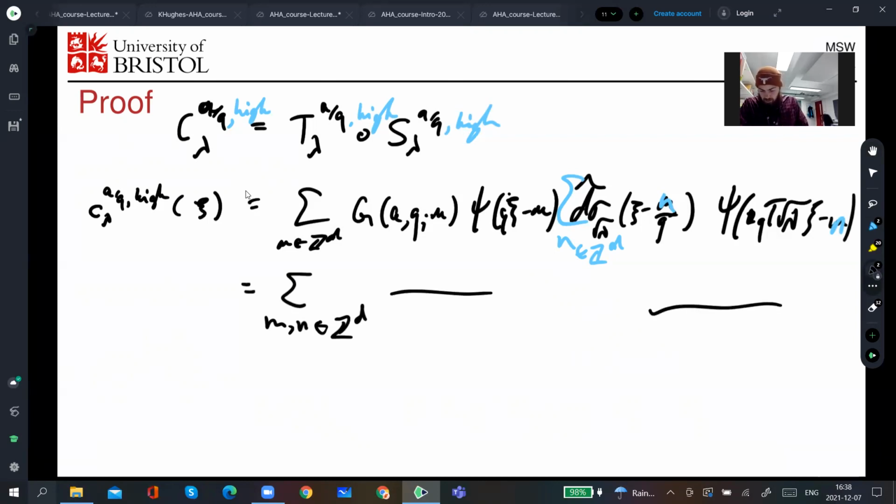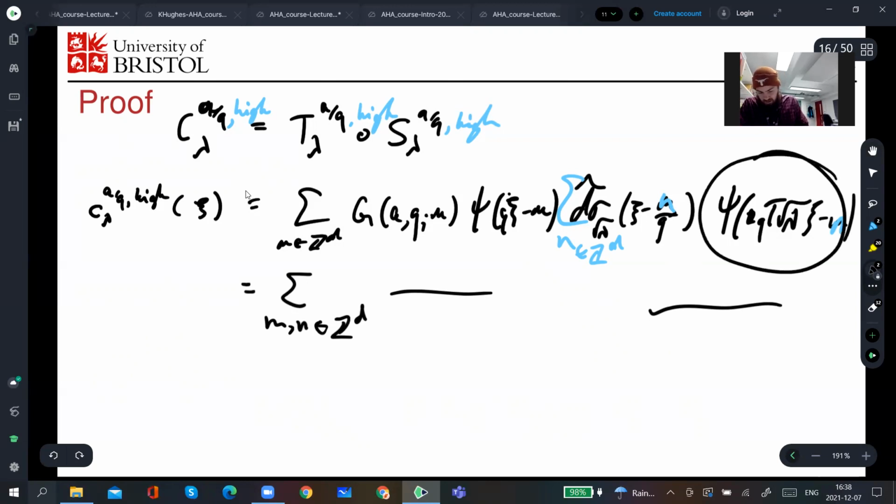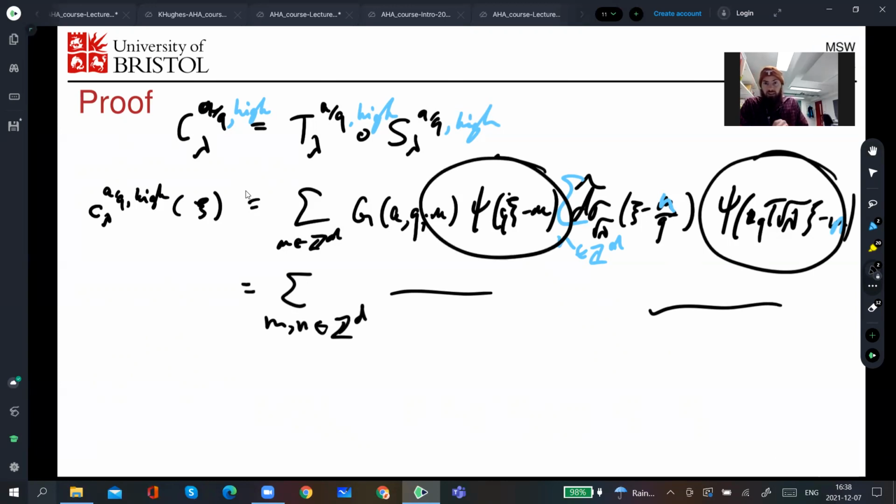But because of this localizing factor, whenever N does not equal M, these two are disjoint. So the supports of those two functions are disjoint, and therefore the product of those two functions is 0. And we just get that we must have M equals N, giving us what we had a moment ago. Okay, great.